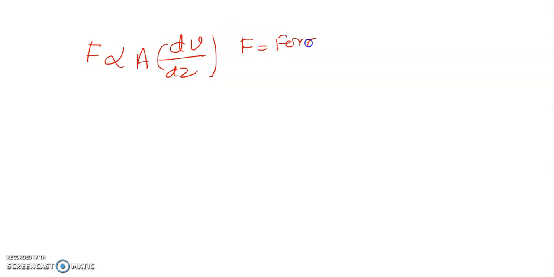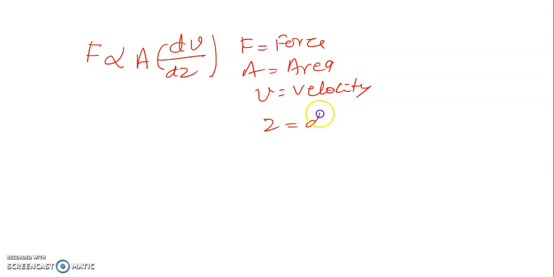F is directly proportional to A into dV divided by dz. What is this F? F is force, A is area, V is velocity, and z is direction.